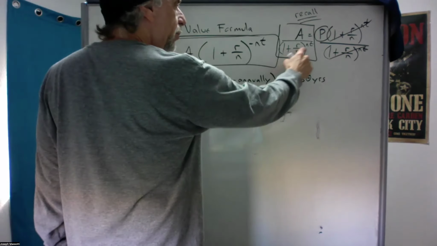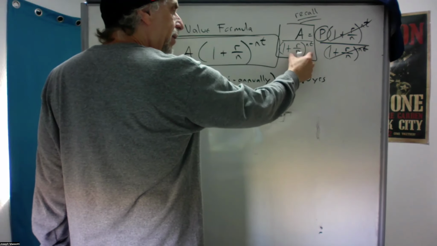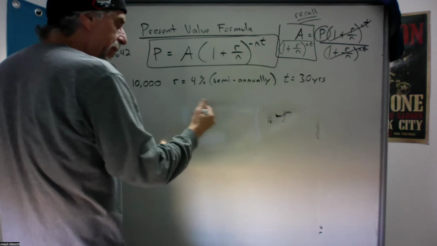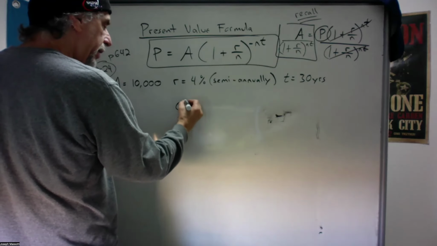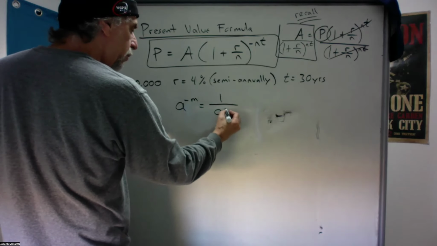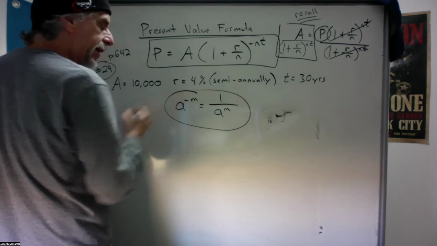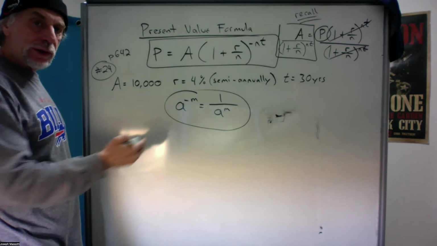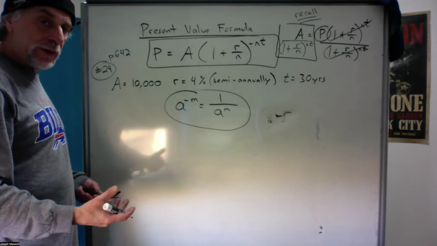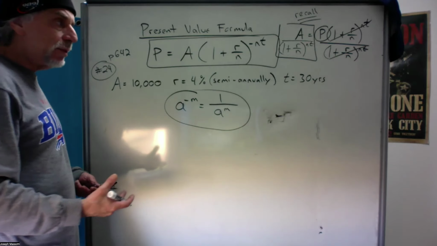Whenever you have something raised to a positive exponent in a denominator, you can bring that up to the numerator and make it a negative. Remember this rule, right? Anything raised to a negative exponent is 1 over that thing raised to the positive exponent. We learned this in chapter 10 when we were talking about exponential functions, the rules of exponents.